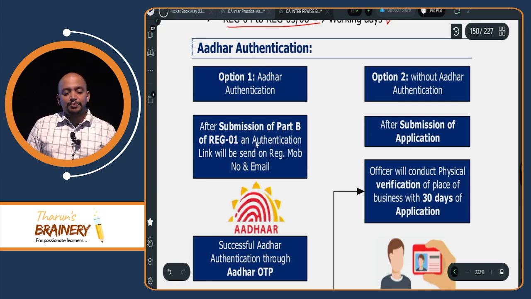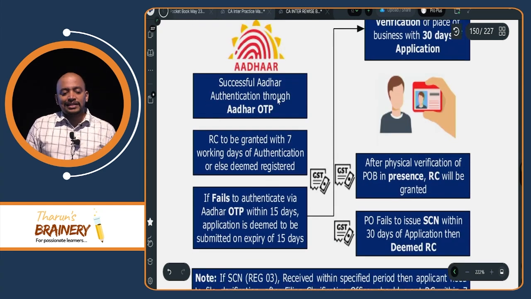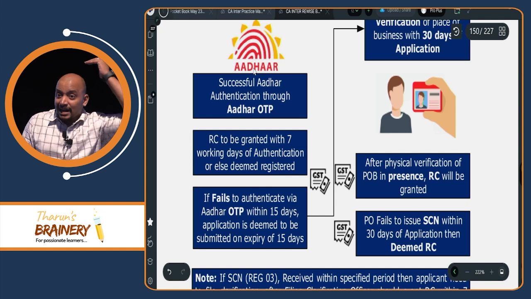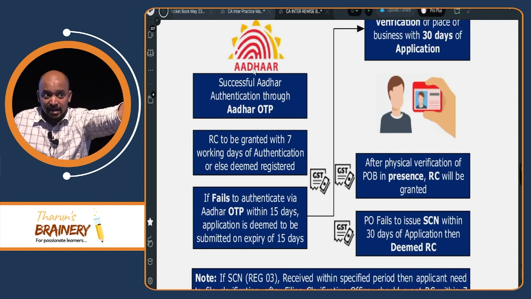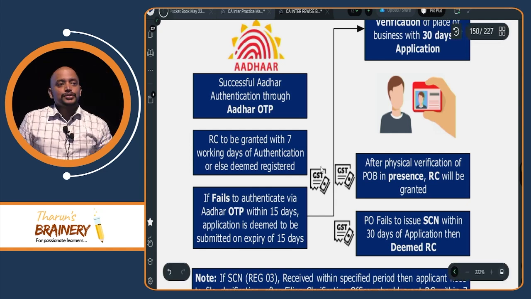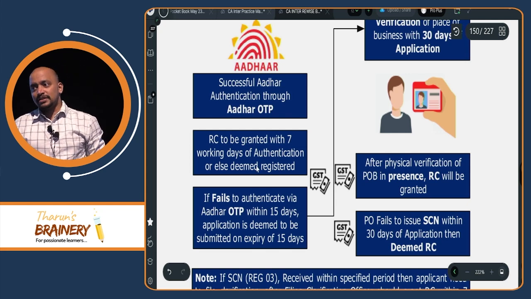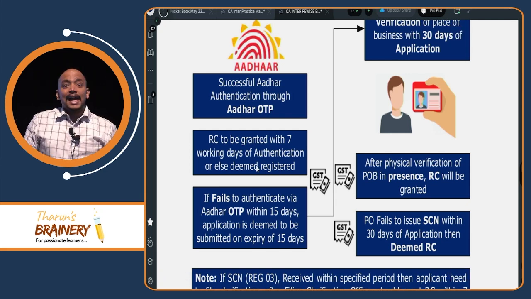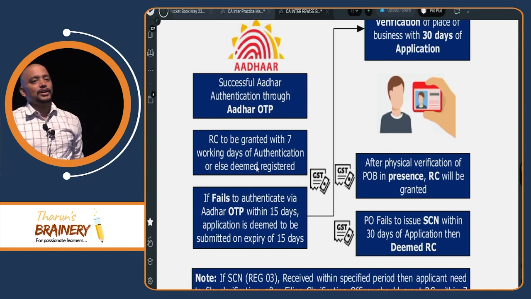After submission of Part B of REG-01, an authentication link will be sent. Now you need to enter the Aadhaar OTP, and once you enter it, the application is filed. From that date, within 7 working days, you will get the registration certificate, correct or not? Else, deemed registration. Are you getting?